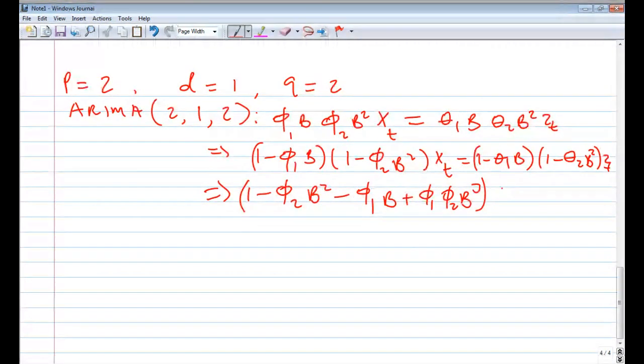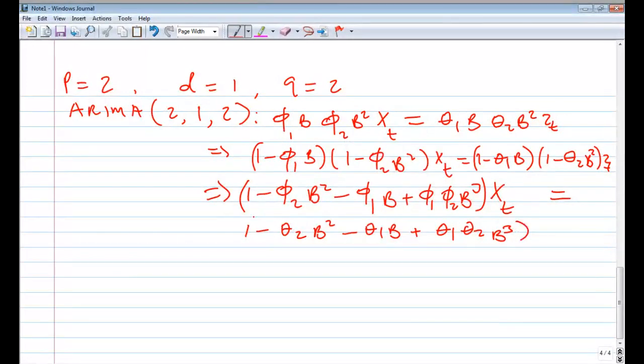Then X_t, which is equivalent to 1 minus theta 2 B squared minus theta 1 B plus theta 1 theta 2 B to the power 3, then Z_t. Are we still together? Then it's in backshift operator now, like this.